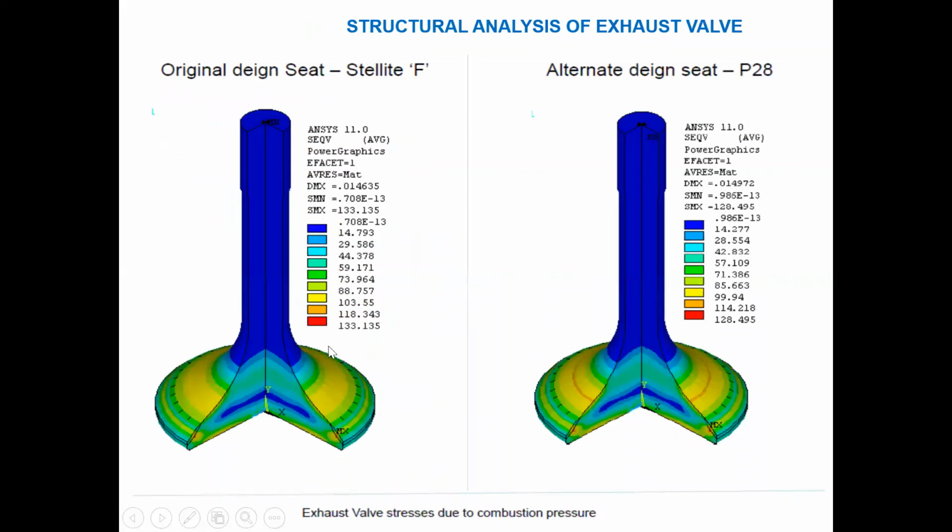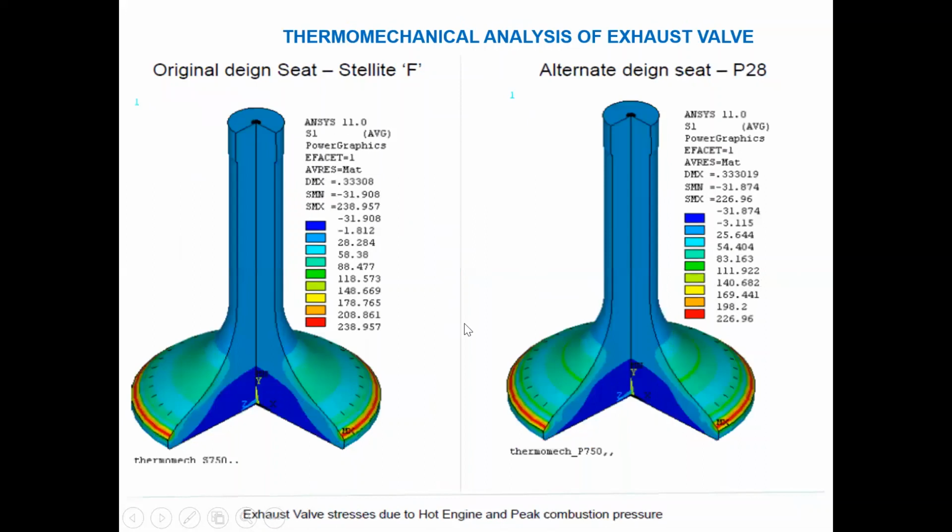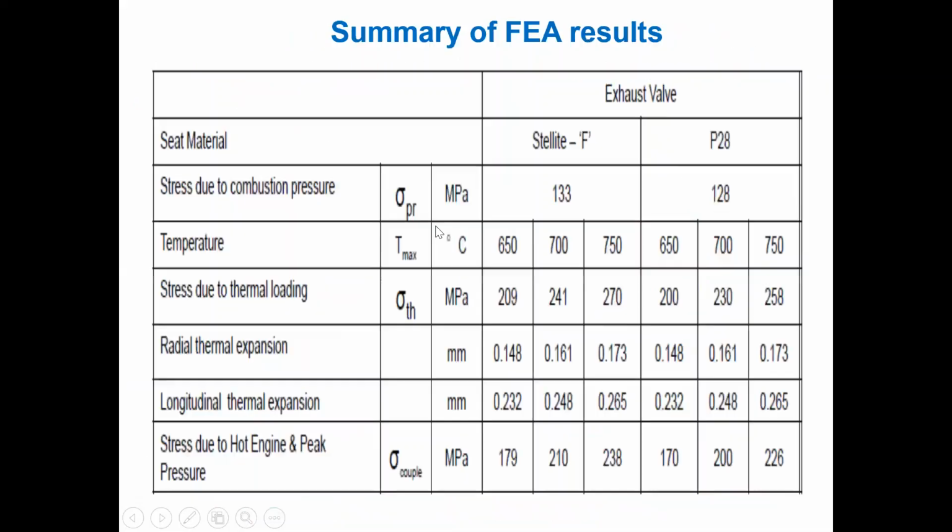They did structural analysis and thermomechanical analysis, where they compared the existing coating with the iron hard facing alloy coating. They also did stress analysis and displacement, and found it's almost meeting. There is not much difference between the existing and the cobalt hard facing alloy.